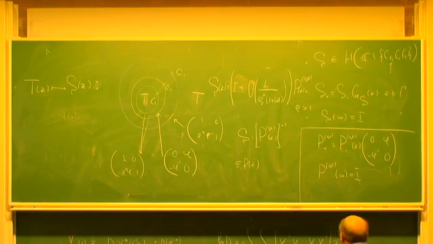Of course, I have to replace phi by phi gamma, which is 1 minus gamma plus gamma.